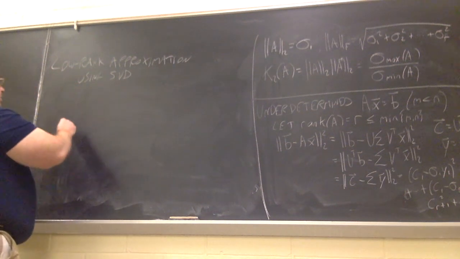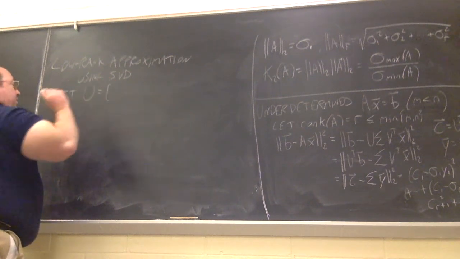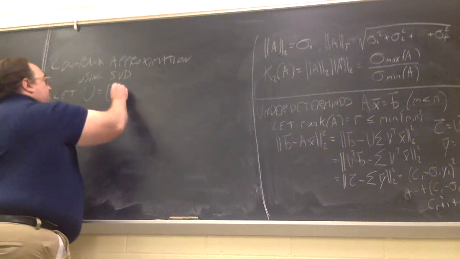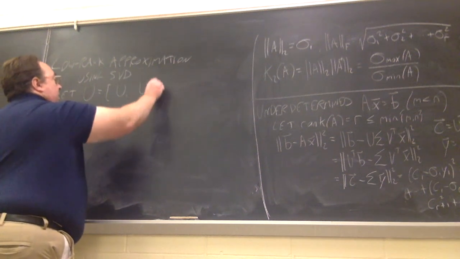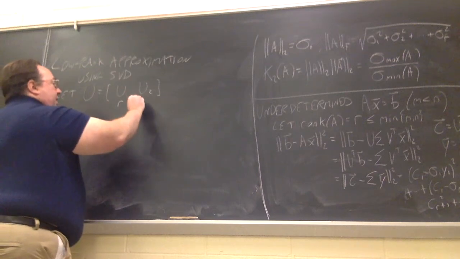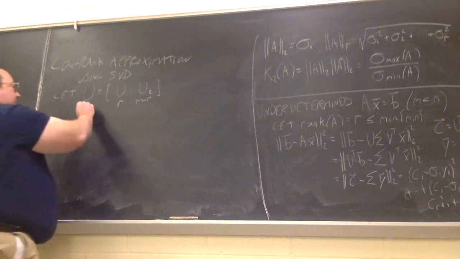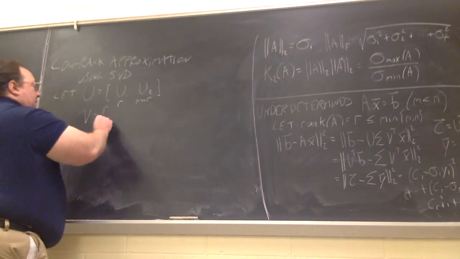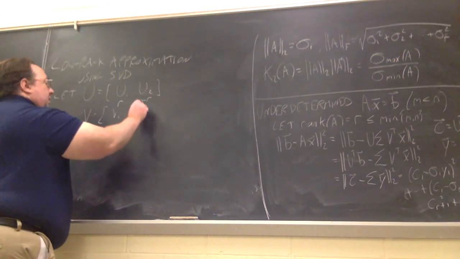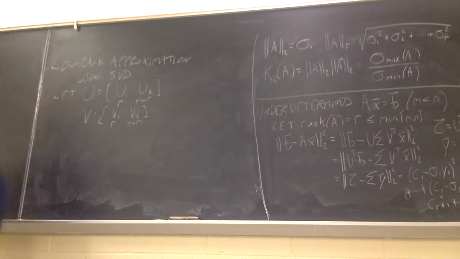Now, I'm going to break down U, sigma, and V. So U I'll break down into U1 and U2. U1 has r columns, where r is the rank, and all the other columns are in U2. I'll break down V similarly: r columns in V1, n minus r columns in V2.